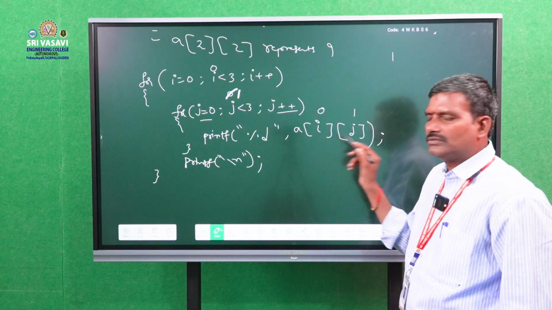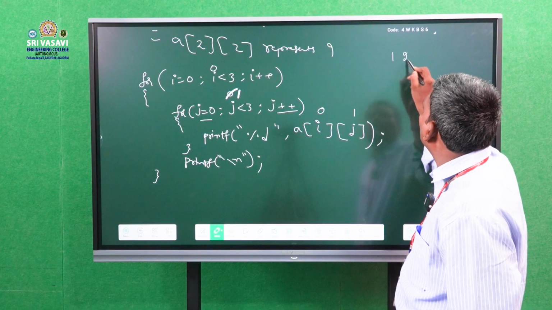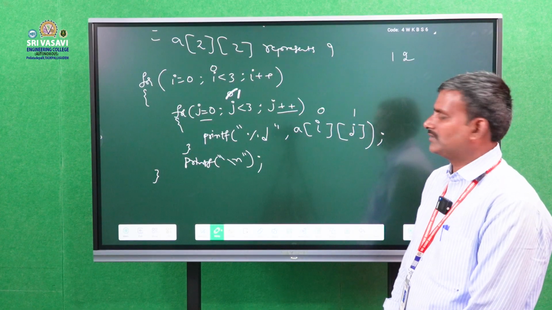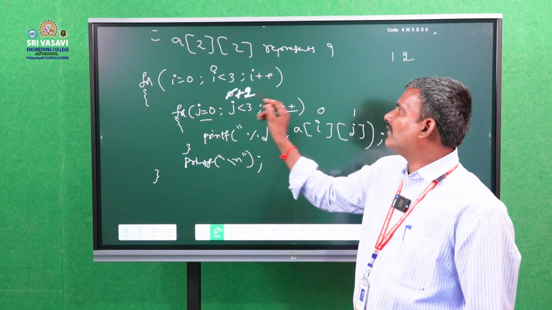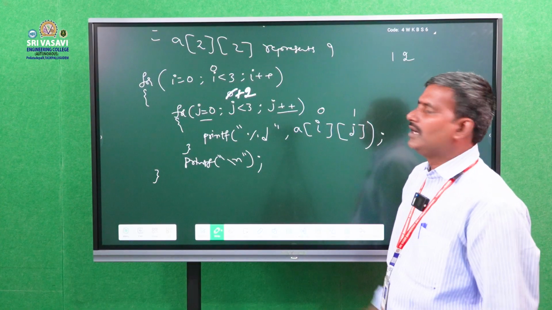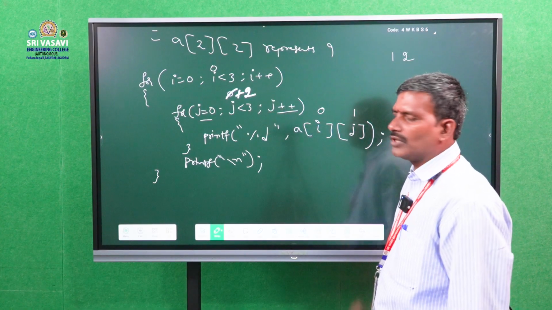Okay, means the second value 2 is represented on the output screen. After executing this, again j++, j value increments by 1, so automatically becomes 2, 2 is less than 3, condition true, again entering into the loop.